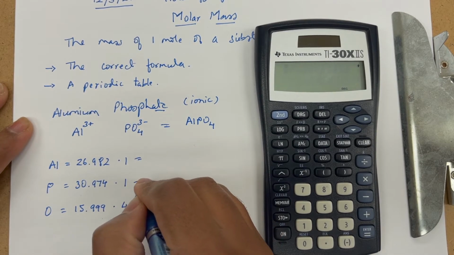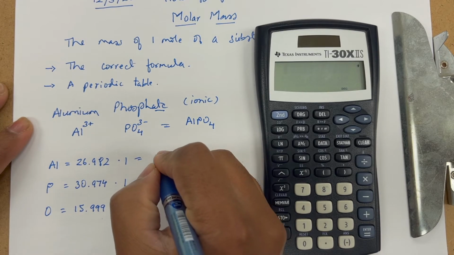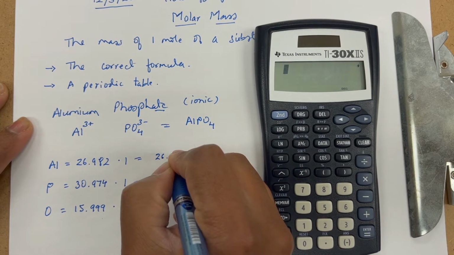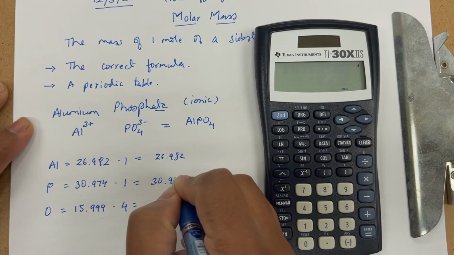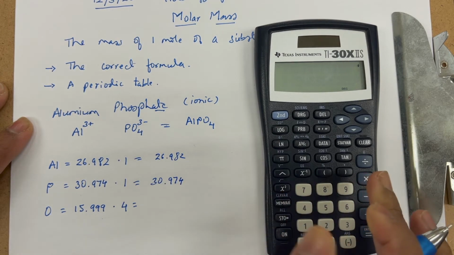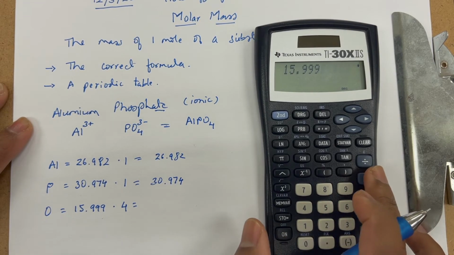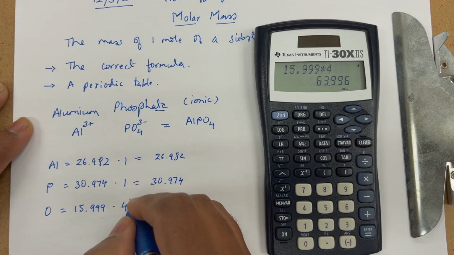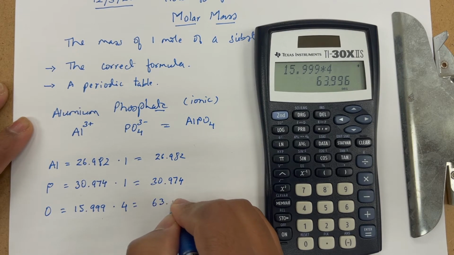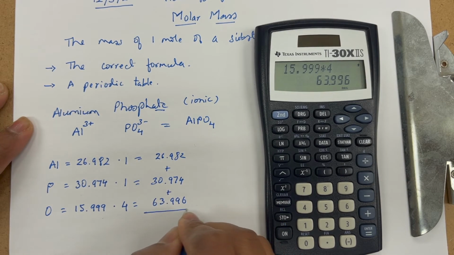All I have to do now is just do the math. So this will obviously be 26.982, this will be 30.974, and 15.999 times 4 gives me 63.996. All that's left is to add.